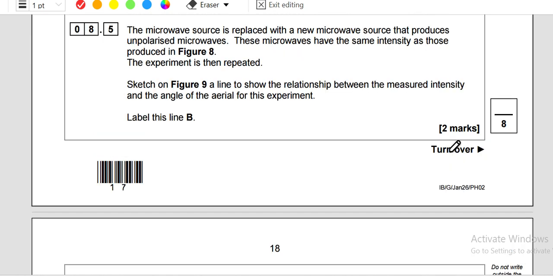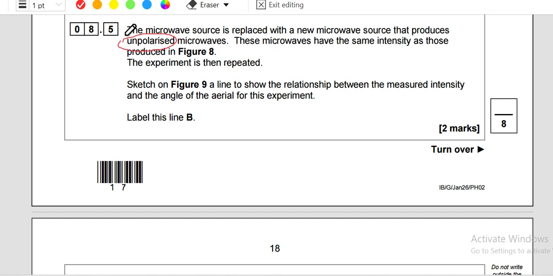Okay, we need here a new drawing for the relation between I and angle, but in this case we have unpolarized microwave.